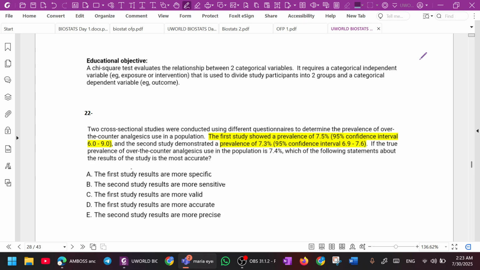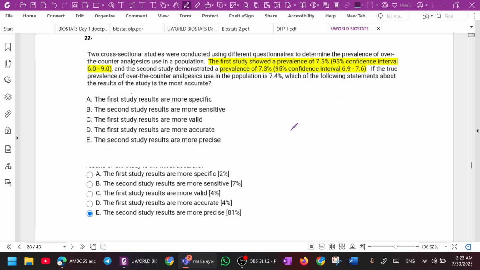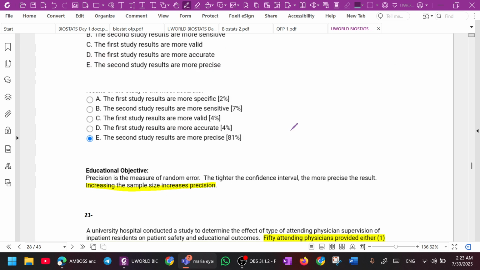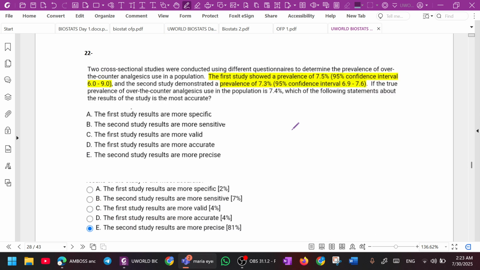7.4 is the mean, isn't it? So prevalence is 7.3 and prevalence is 7.5.